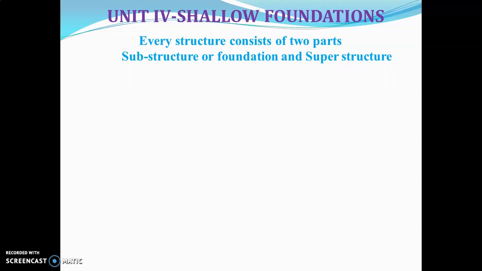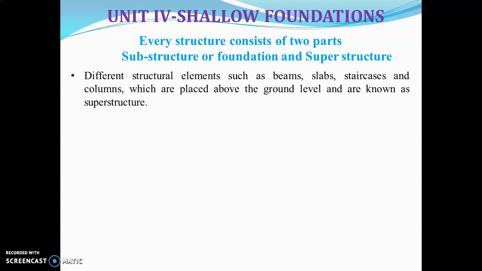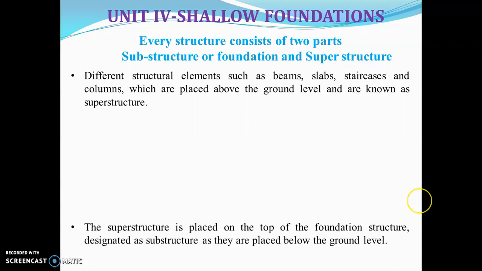Every structure consists of two parts. All of you know that: substructure or foundation, and superstructure. Different structural elements such as beams, slabs, staircases and columns which are placed above the ground level are known as superstructure.